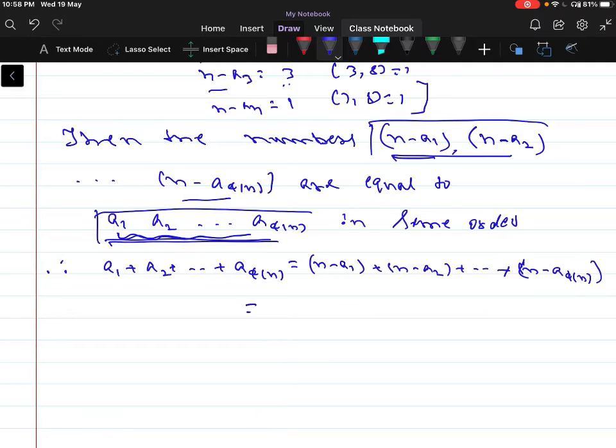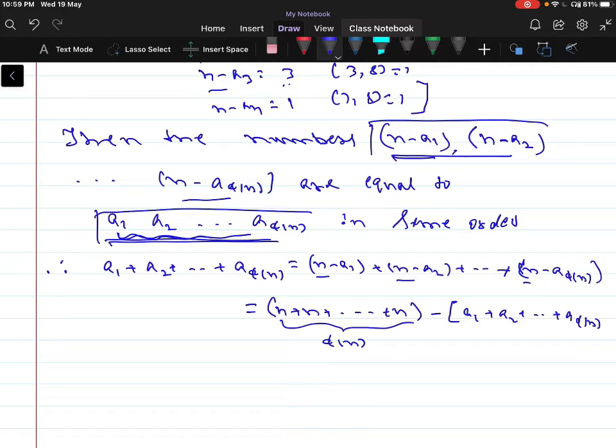So this is equal to, grouping the n, there are pi of n terms here, n plus n and so on, pi of n times, minus the sum of a1 plus a2 and so on plus a pi of n.